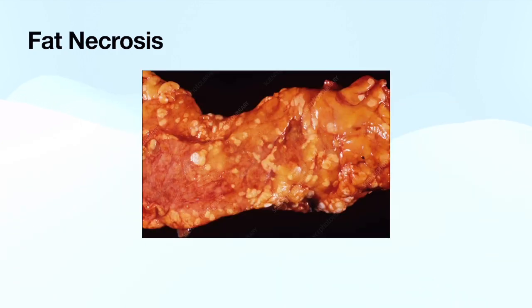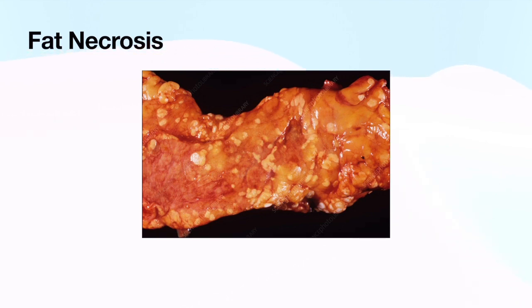The fifth pattern is fat necrosis, which refers to focal areas of fat destruction, typically resulting from release of activated pancreatic lipases into the substance of the pancreas. So this occurs in the abdominal emergency known as acute pancreatitis.